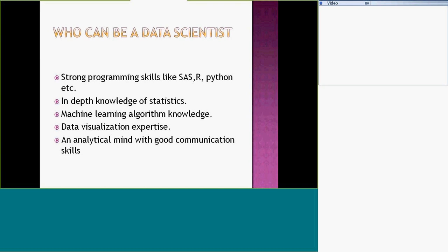You should know what data you have, what sense you can get out of this data, and you should have a broader mind to understand these analytical things. These are the skills that you require, and as part of our data science program, we are preparing you for all these skills under one package.